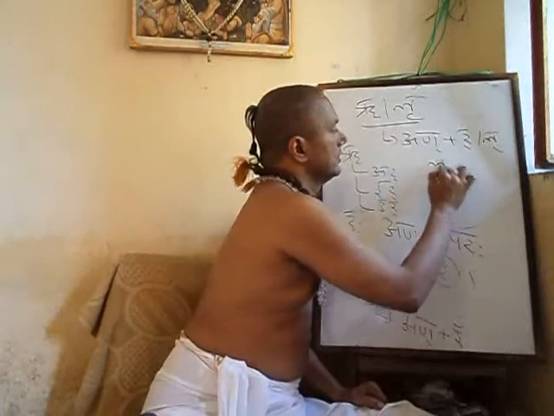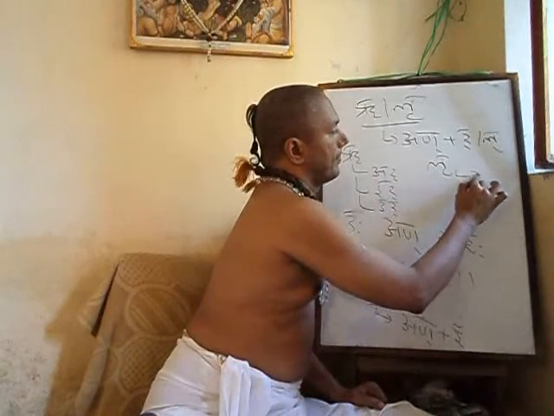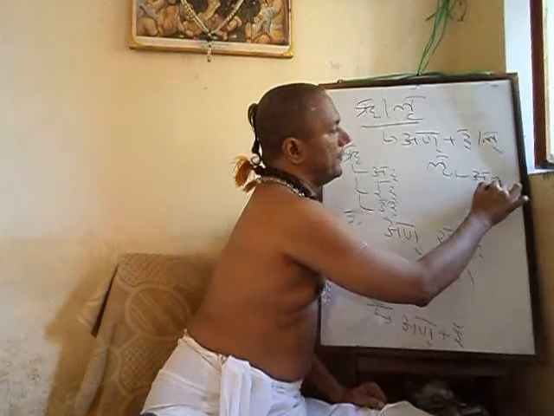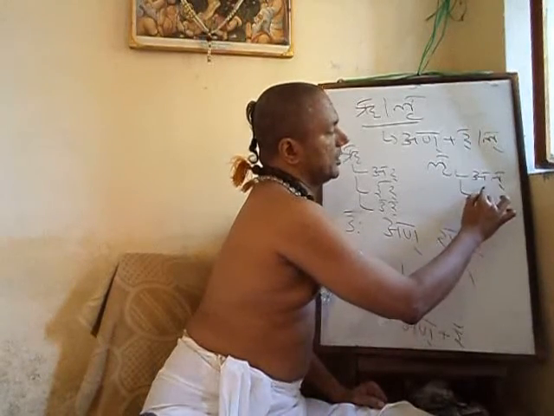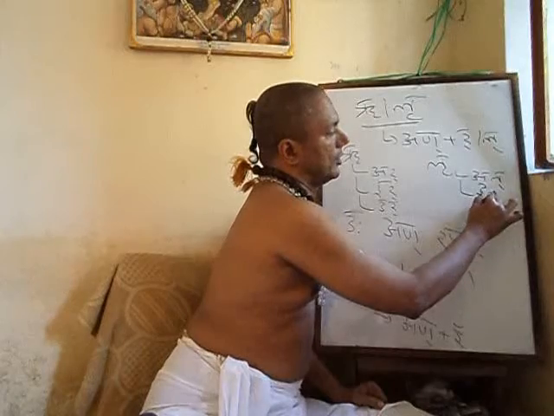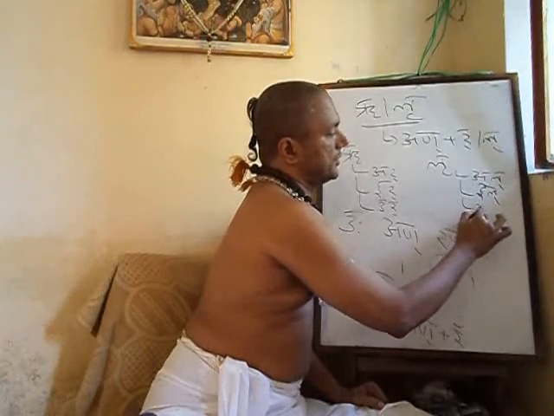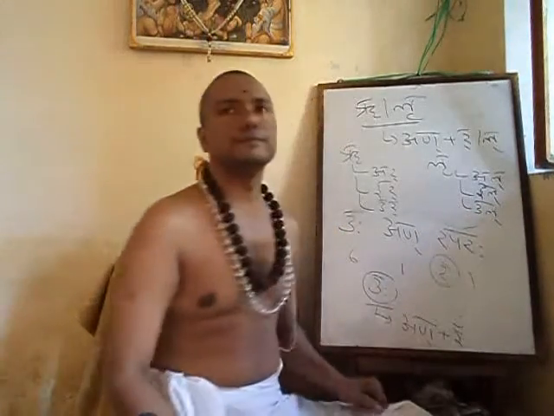For L, the same way, A will be followed by Al, replacement I will be followed by Il, replacement U followed by Ul.